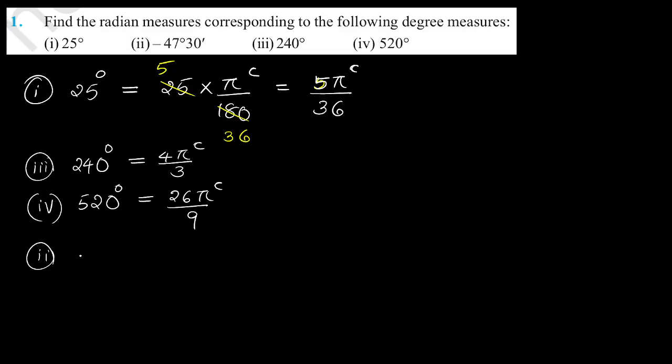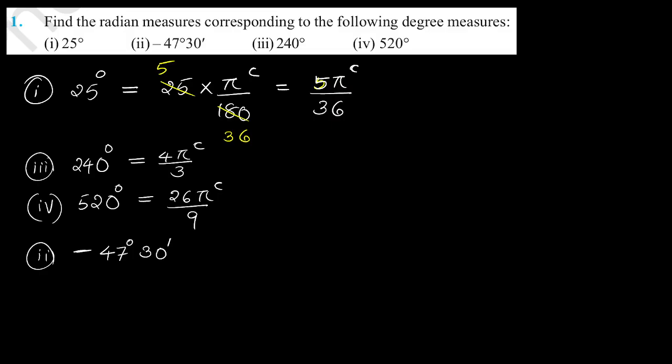There is a minus sign, okay. 47 degree 30 minutes. What is the meaning of that? Minus sign means the clockwise rotation.